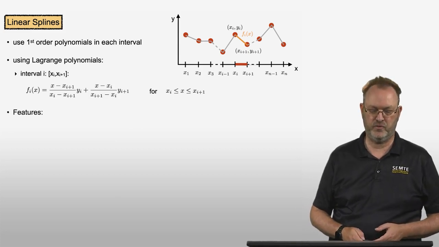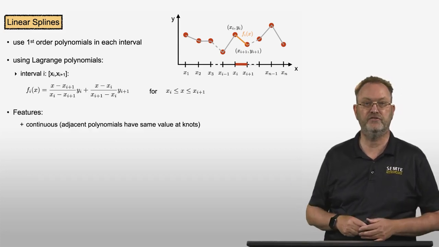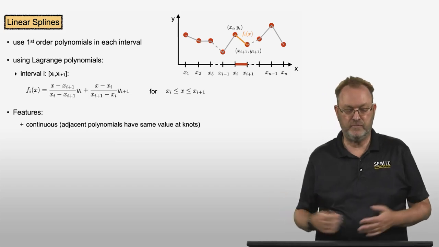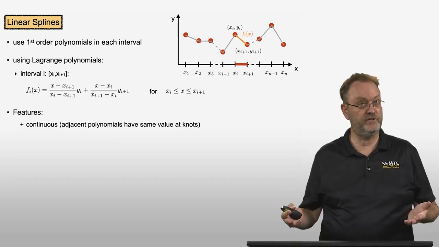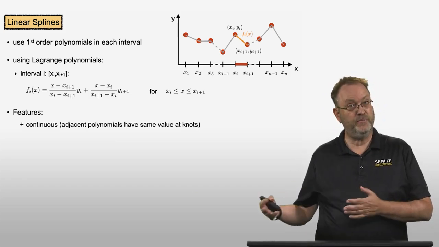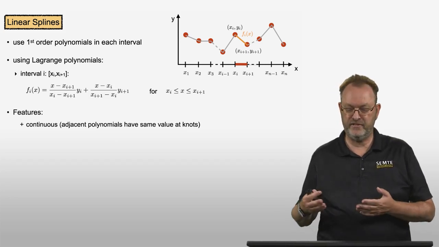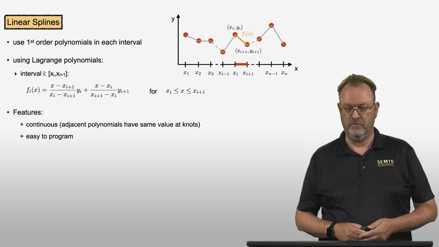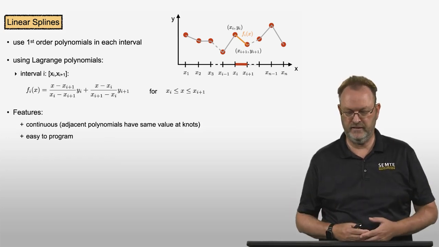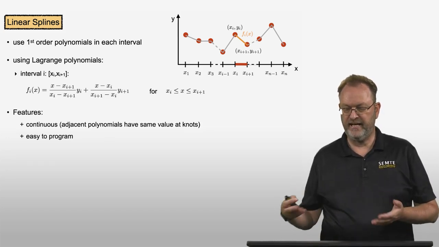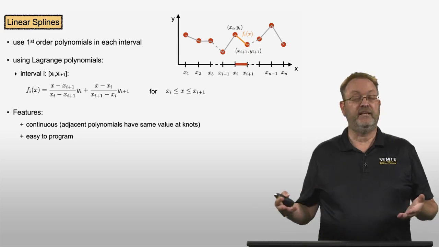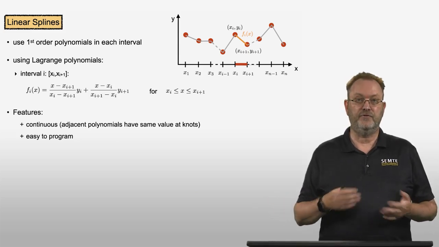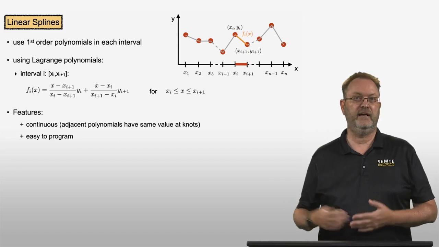Okay, what are the features of this linear spline? It's continuous, meaning adjacent polynomials will have the same value at the knots themselves. So for the ith interval, if I evaluate at xi, I should get the same value as if I use the (i-1)th interval and evaluate at xi.